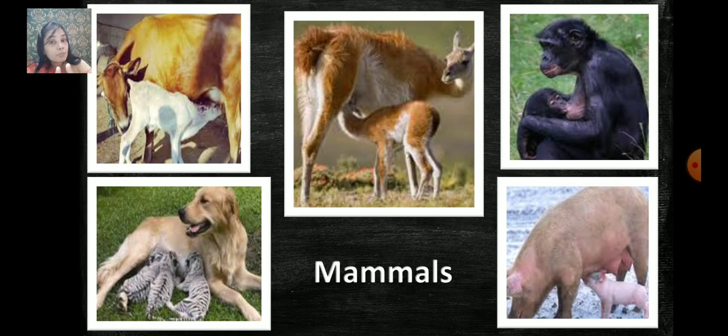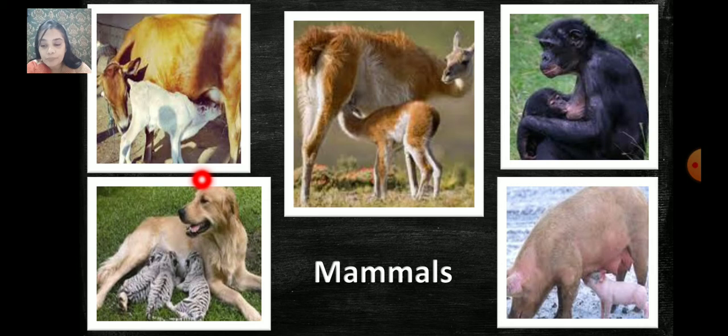Mammals are the animals which give birth directly. They reproduce babies of their own kind directly.